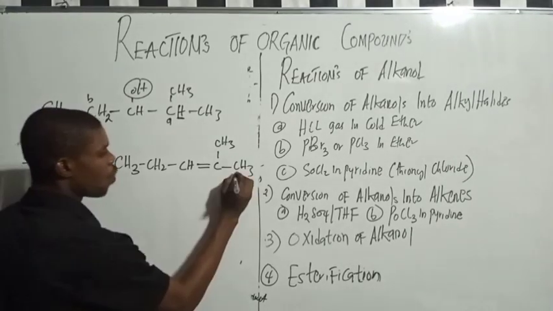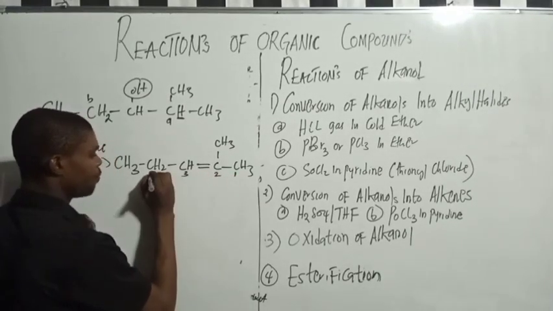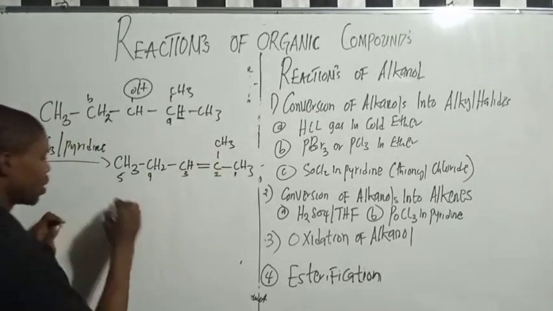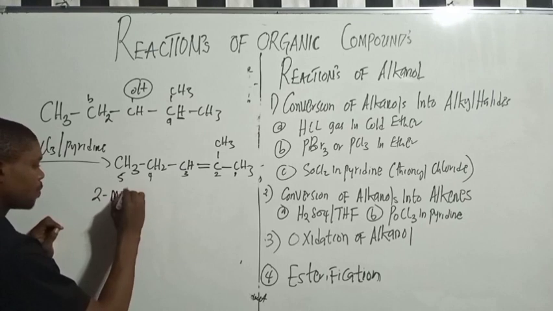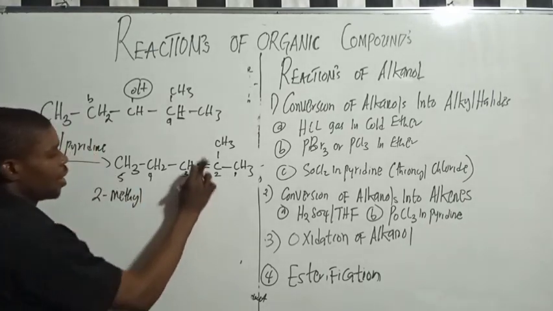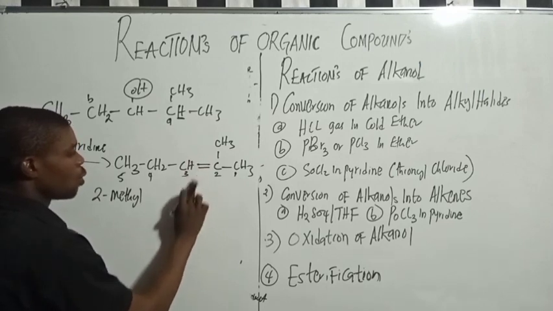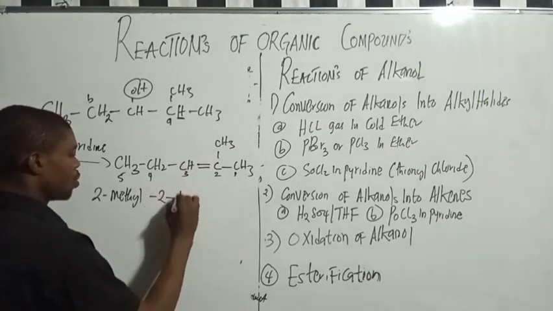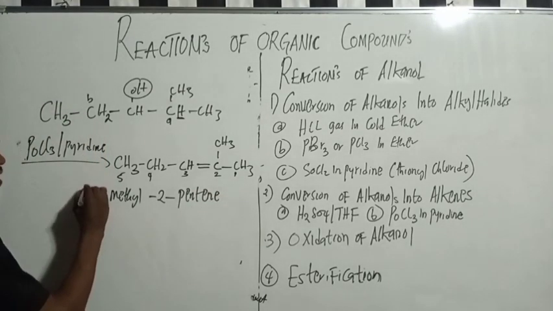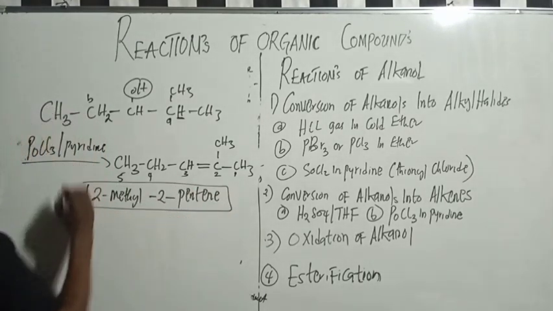So here we have 1, 2, 3, 4, 5. I count 2, I have a methyl, so it will be 2-methyl. Now I count 2, I have a double bond, so it will be 2-pentene. That is the name of the product.